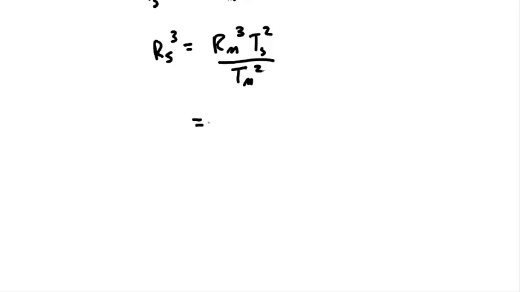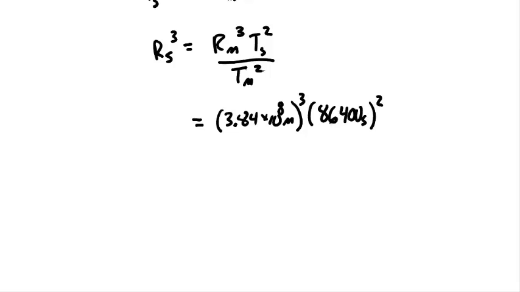So now I'll plug in the numbers here. The radius of the moon's orbit, which you can find on a formula sheet, 3.84 times 10 to the 8 meters, and that's all cubed, times period, which we figured out, 86,400 seconds squared, divided by 2.36 times 10 to the 6 seconds, all squared.